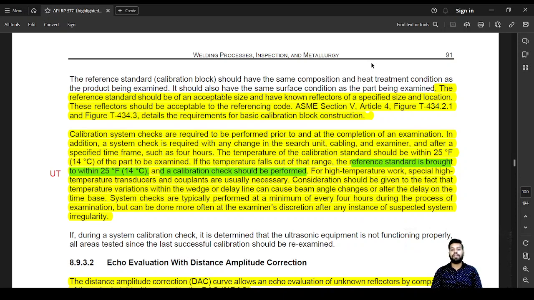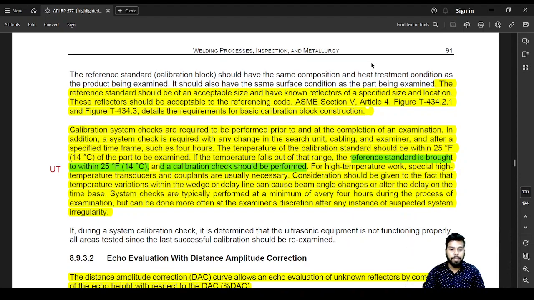Consideration should be given to the fact that temperature variation within the wedge or delay line can cause beam angle changes or alter the delay of the time base. System checks are typically performed at a minimum of every 4 hours during the examination, but they can be done more often at the examiner's discretion after any instance of suspected system irregularity.